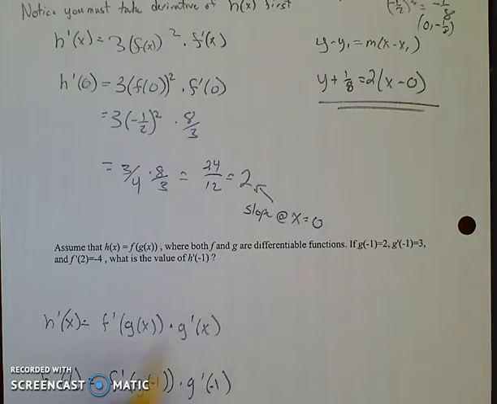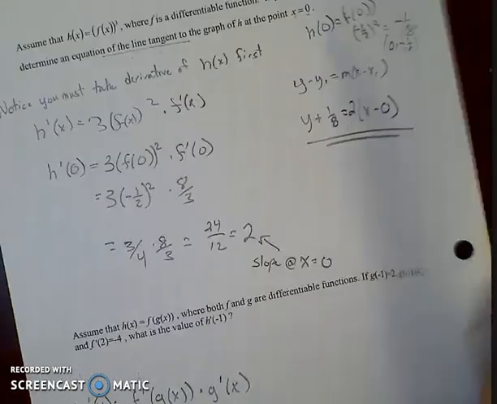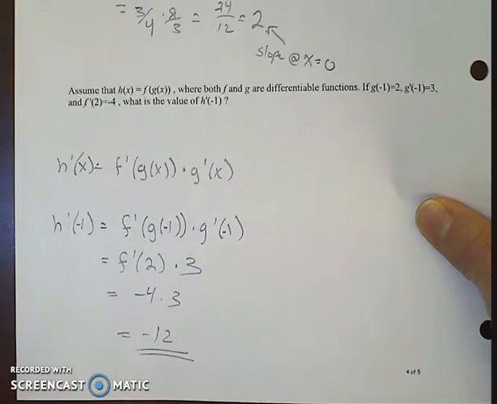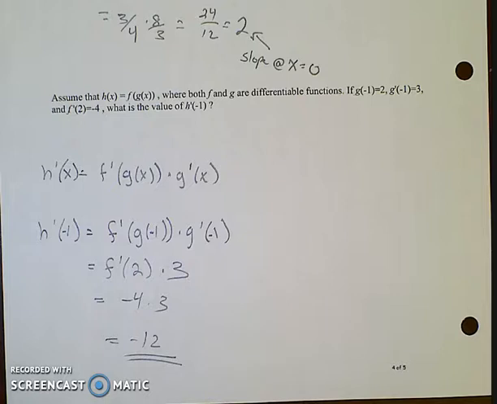G prime of negative 1 is 3. F prime of 2 is negative 4. That's it. And you couldn't see a thing that I was doing there. My apologies. Plugged in negative 1, got the answers from above, found what f prime of 2 was, multiplied by 3.